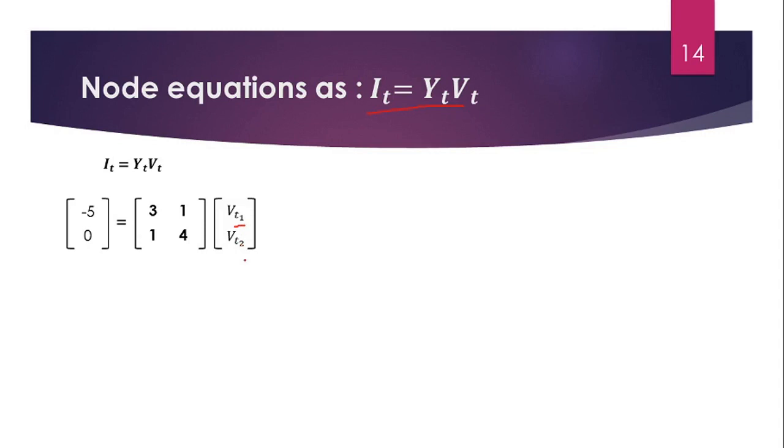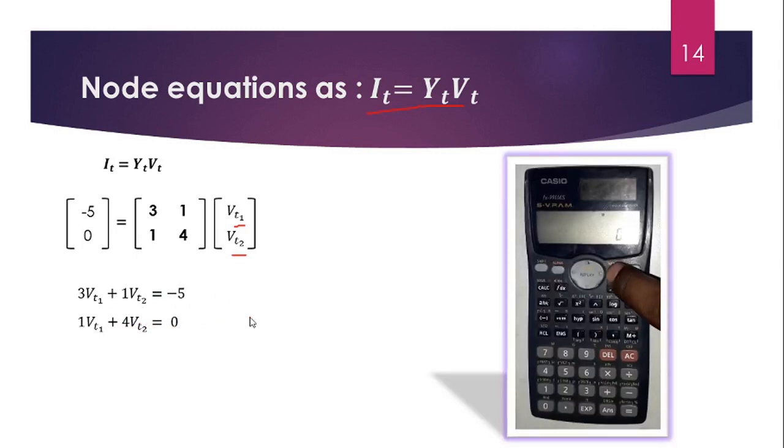So we can take Vt1 and Vt2 for the respective twigs, which will divide the nodes into groups 1 and 2. So from this we can write the equations 3Vt1 plus 1Vt2 equals -5, 1Vt1 plus 4Vt2 equals 0, and using a calculator we can find it.